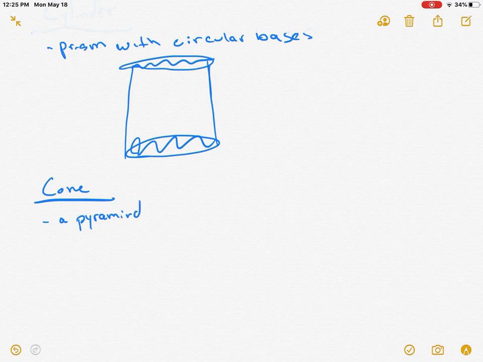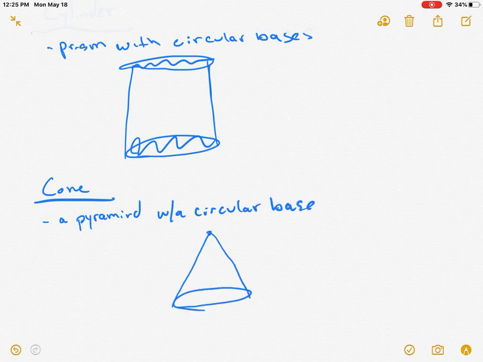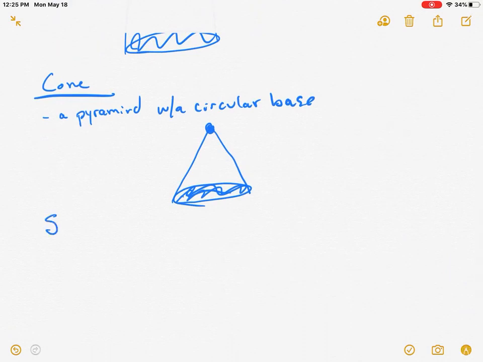So, cone is a pyramid with a circular base, right? So we have our circle right down here. It comes up and it meets at one point right there, right? And then, last but not least, we have a sphere, right?